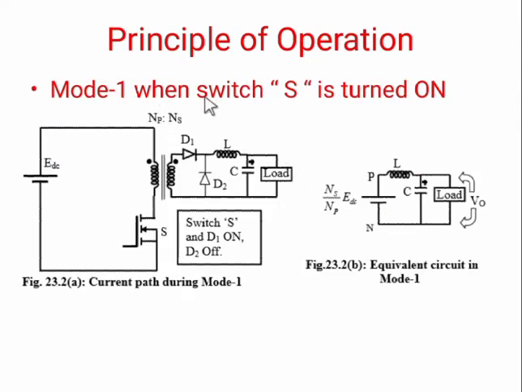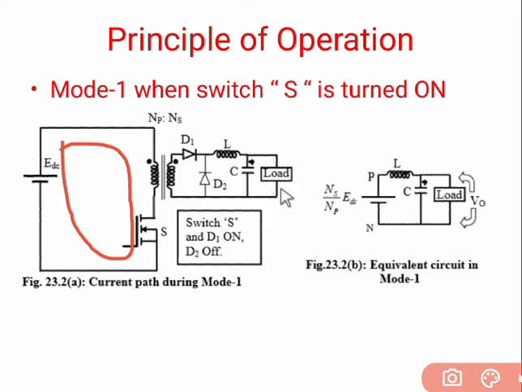This is the mode of operation. When switch S is on, the current flows from the input through the MOSFET and these circuits. This is the equivalent circuit. The diode is in forward bias condition, so it is short circuited.